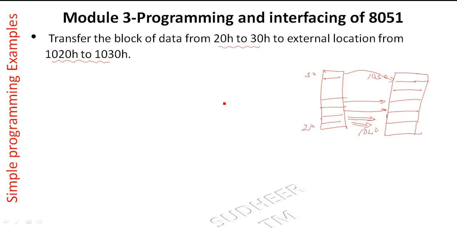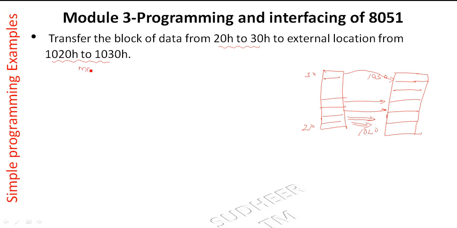So 16 in memory. 16 is actually, what is the number 16? It is 10. So let us take one register to keep the counter. So example R7.